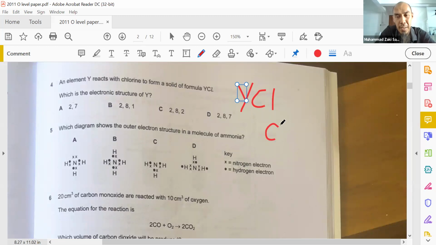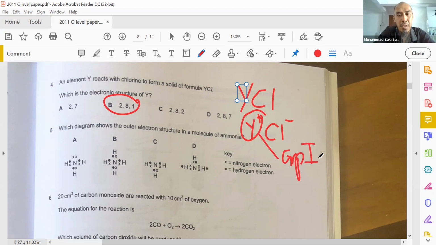You know that chlorine forms chloride ion. So Y should be something like Y plus. Remember? So what atoms form plus ion? Surely should be B, right? Because +1 is usually group 1. So the answer for 4 is B.